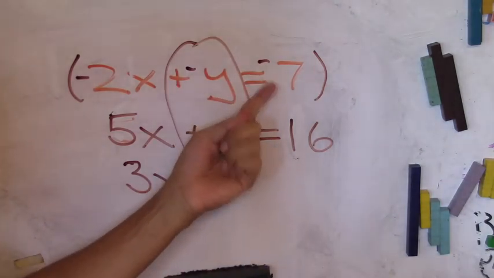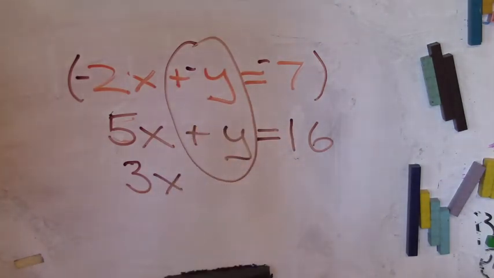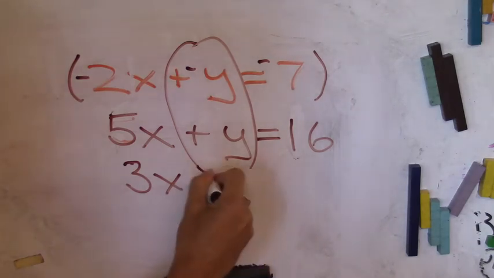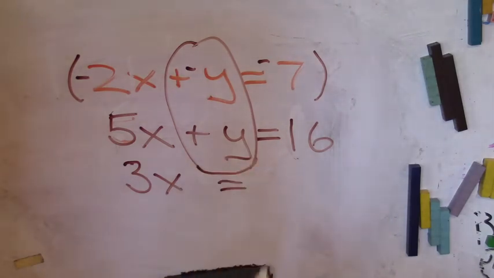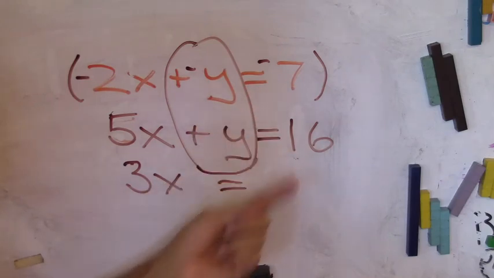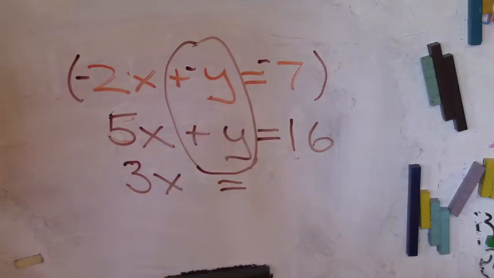Now, I owe 7, but I have 16. Now what? If you owe 7 and you have 16, what do I have? You have $16 and you owe me $7.